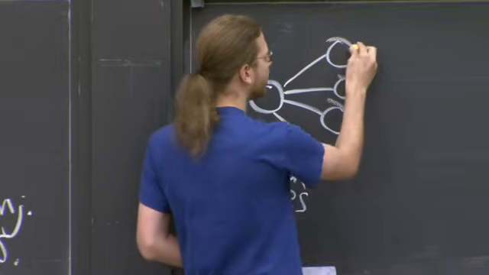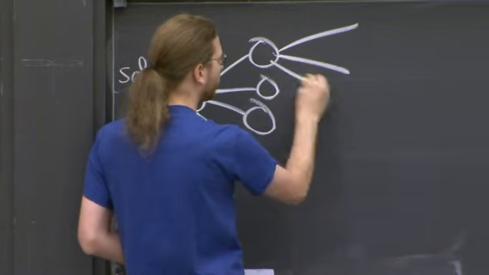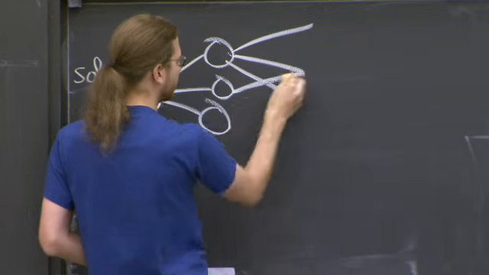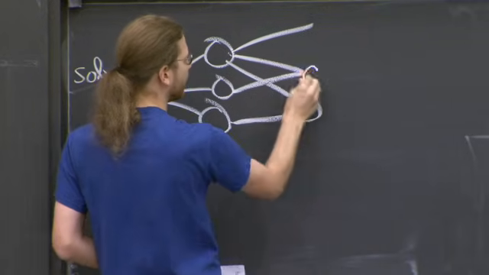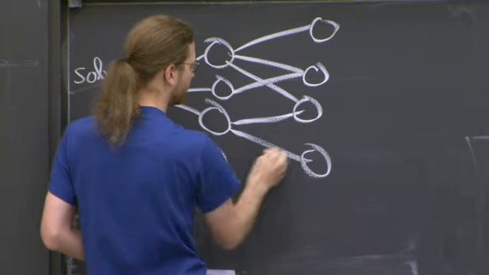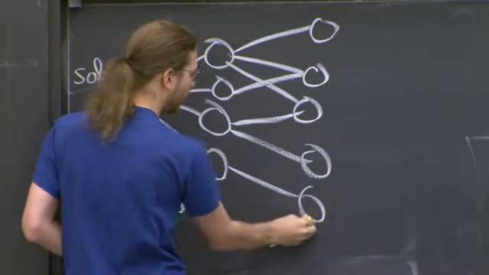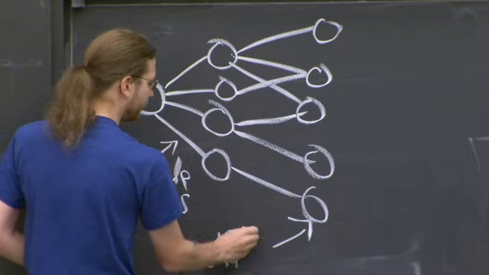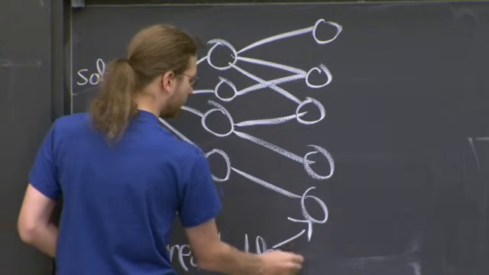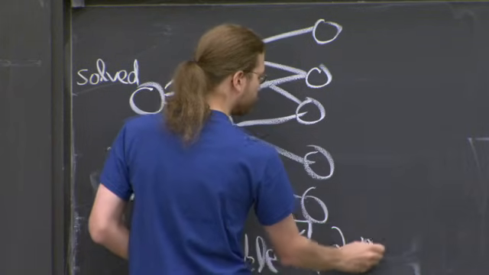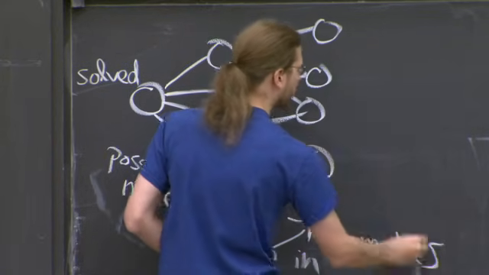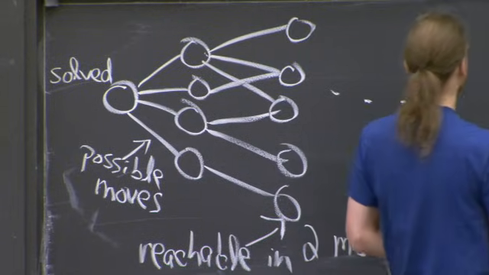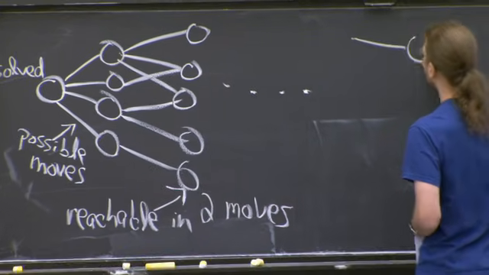And then from those configurations, there's more places you can go. Maybe there's multiple ways to get to the same node. But these would be all of the configurations you can reach in 2 moves. Okay, and so on. And at some point, you run out of graph.